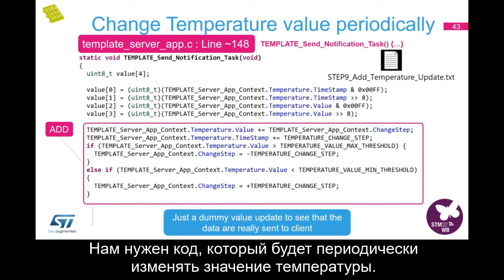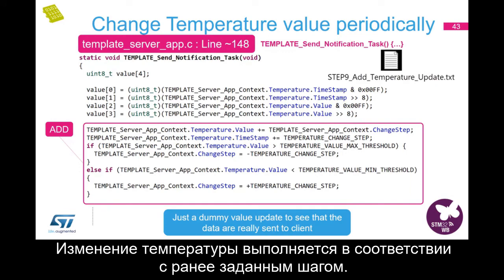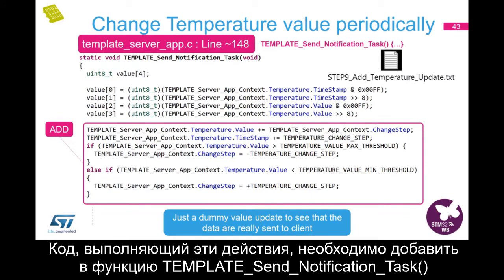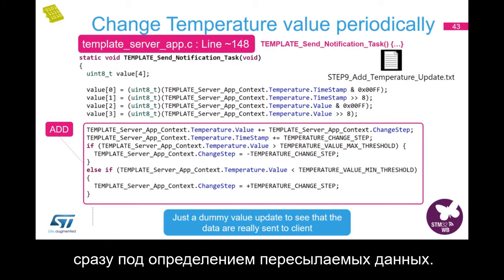So now we've got the routine that will periodically change the value. So this is to send the information out using the change step that we've just created. And this again goes in our send notification area. So it goes just below our declaration for our values for our 4 bytes.